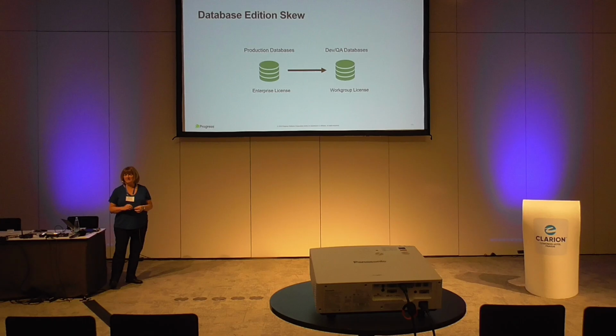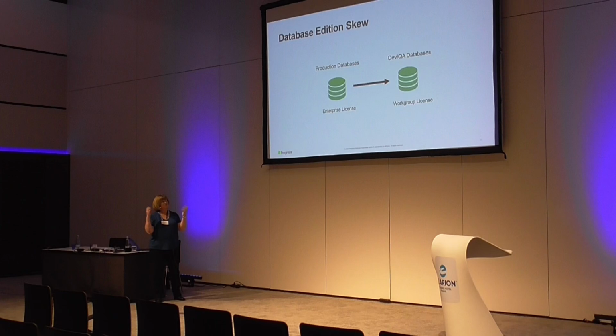Some of you may have a large production database that needs an enterprise license, with all the tuning and additional features you can get at the enterprise level. But you may have a copy of it back in your development QA environment, and you only license that at a workgroup level, which is all you need there.